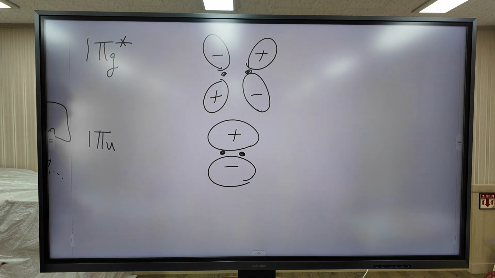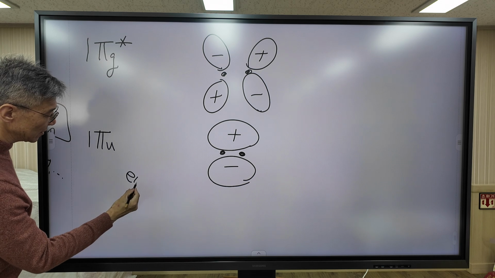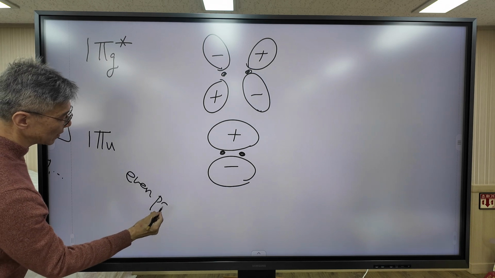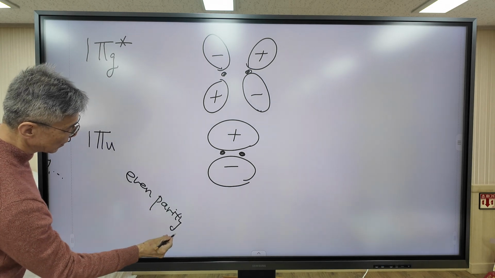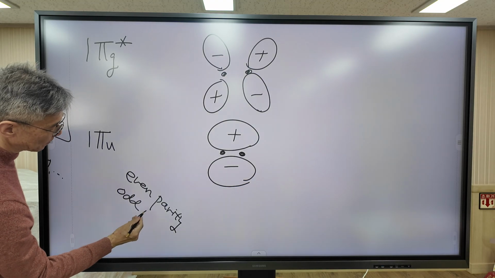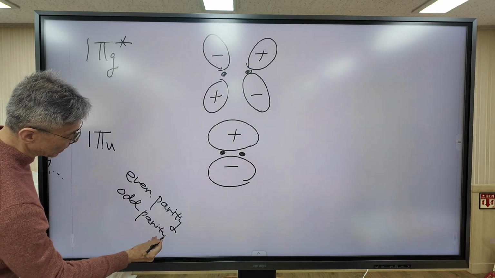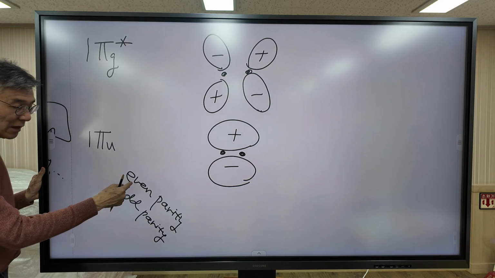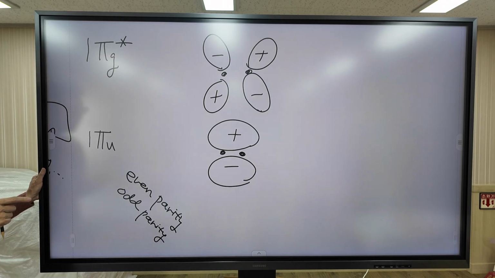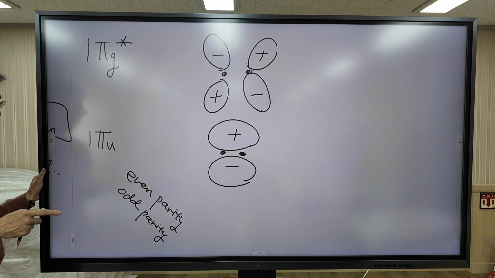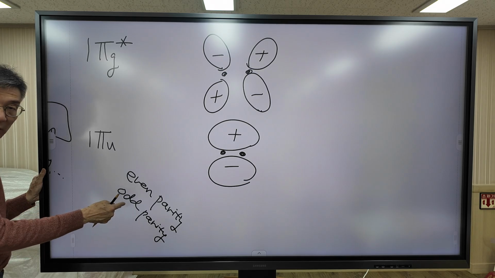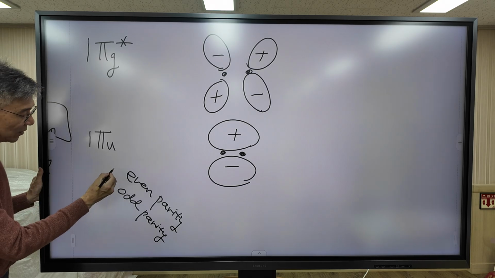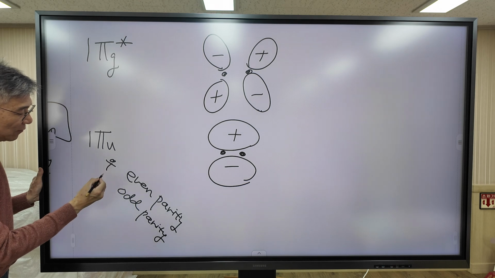As I said repeatedly, you may remember even parity and odd parity. When you perform an inversion through the center and the sign doesn't change, it is even parity. When you perform an inversion through the center of the molecule and it changes sign, it is called odd parity.